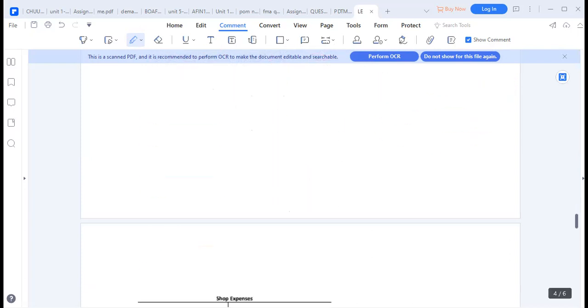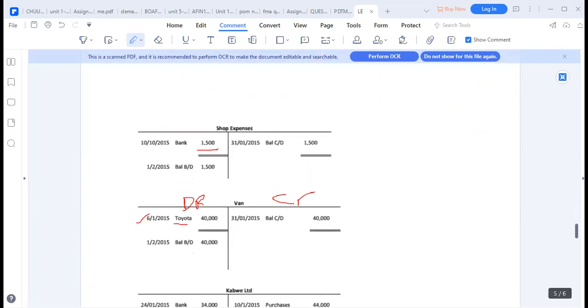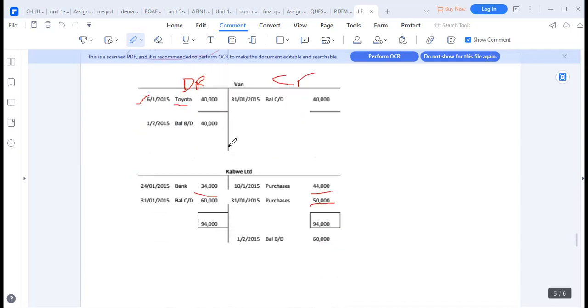Then we are getting down to shop expenses. This one is a debit balance because it's an expense. We have a debit here and a credit. So these ones, they should have a debit balance. Then we have the van is an asset, should have a debit balance.